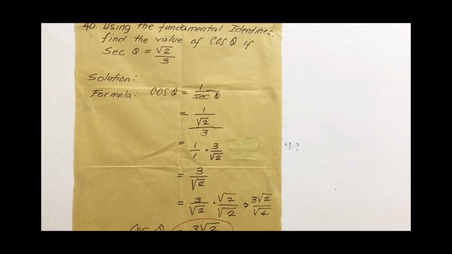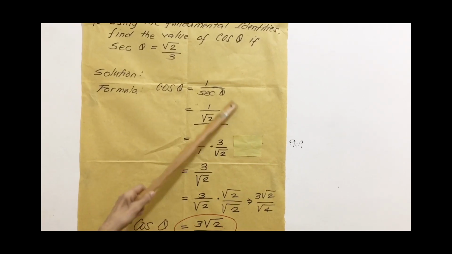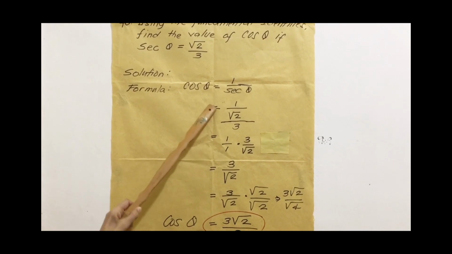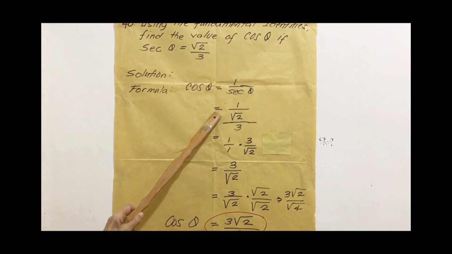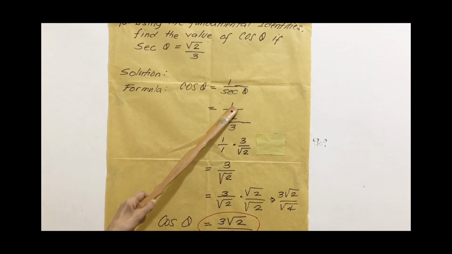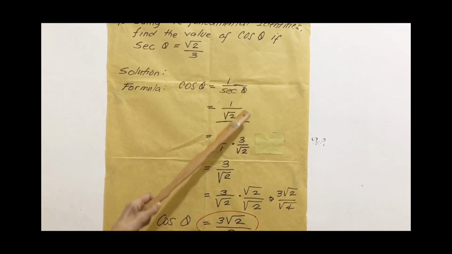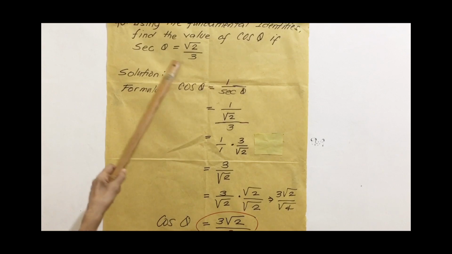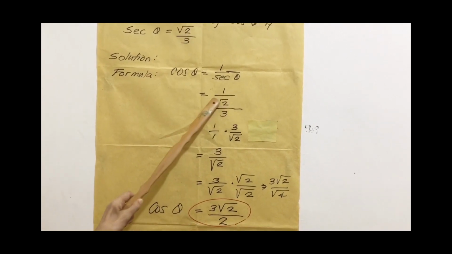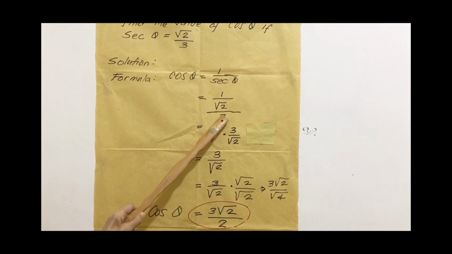Upon writing the formula, what we have to do is substitute from the given: cos theta equals 1 over secant theta, which is equivalent to square root of 2 over 3. That's why we have here 1 over square root of 2 over 3.